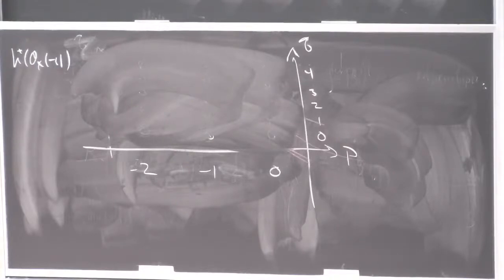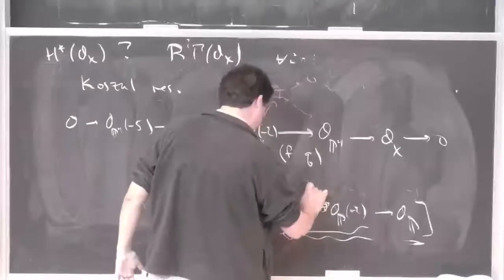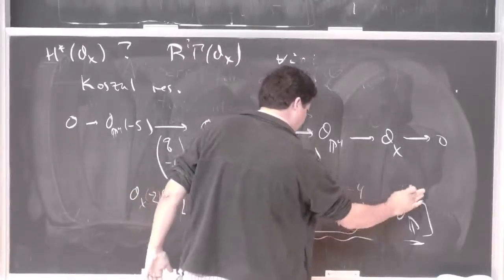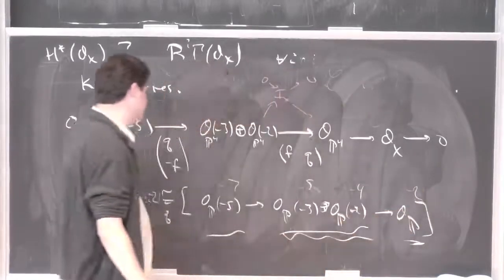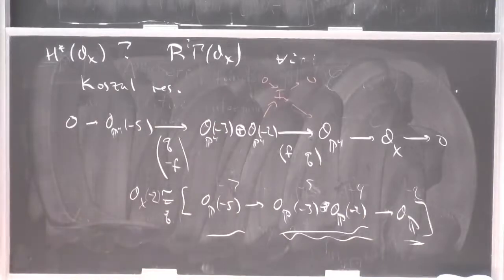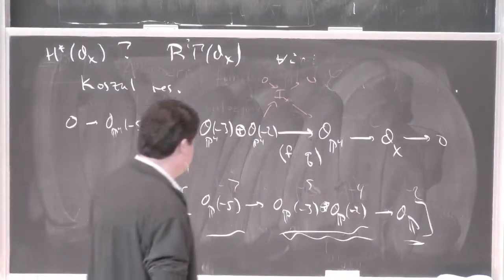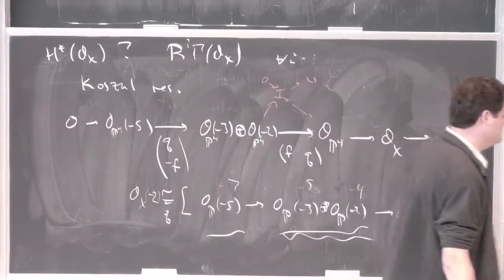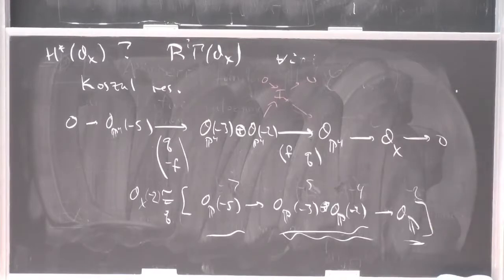Let's do OX of -2. So now something new is going to happen. So here I have -7, -6, no, sorry, -5, -4, and -2. So the cohomology of OP -2 is all 0.